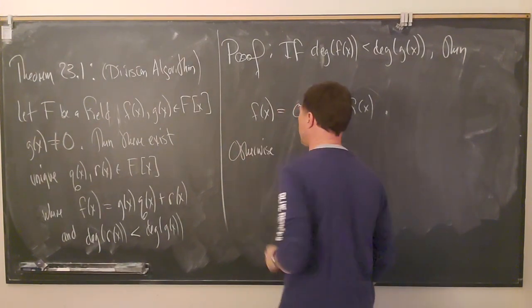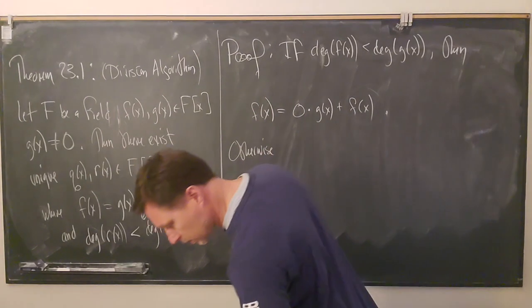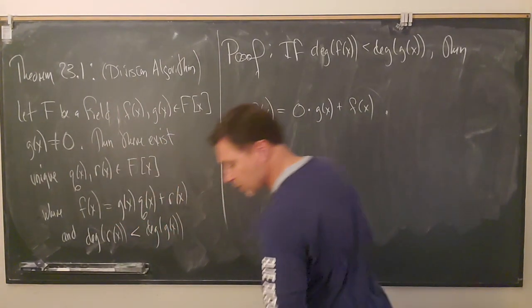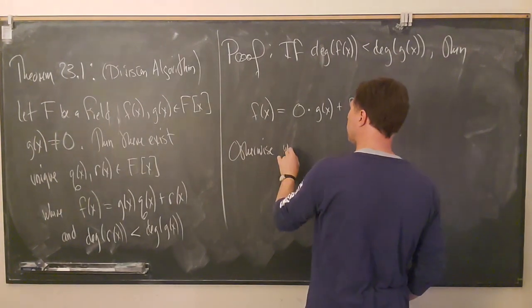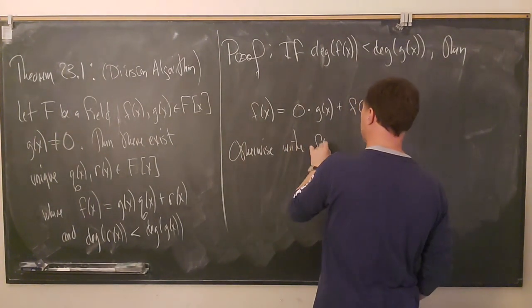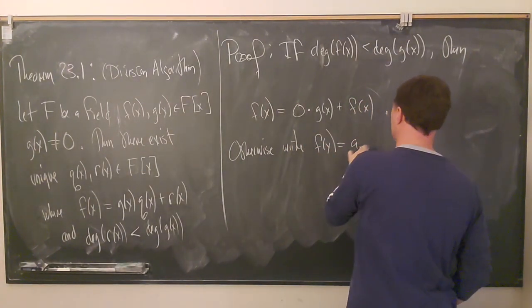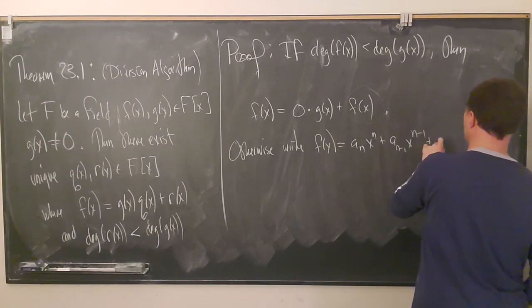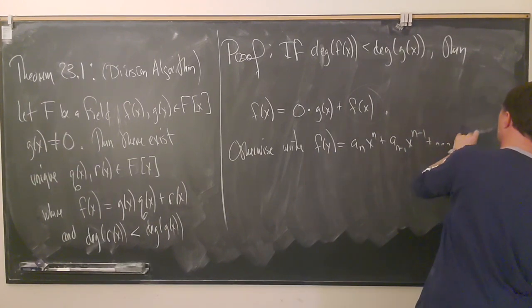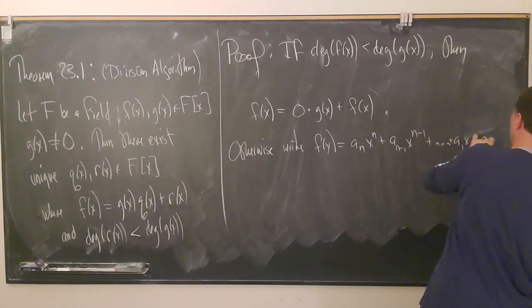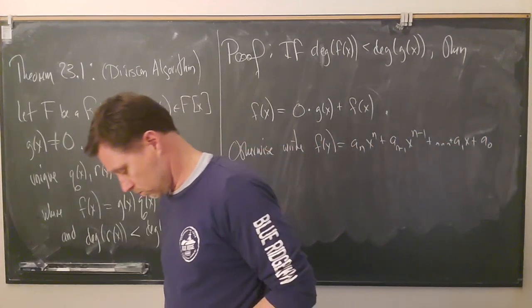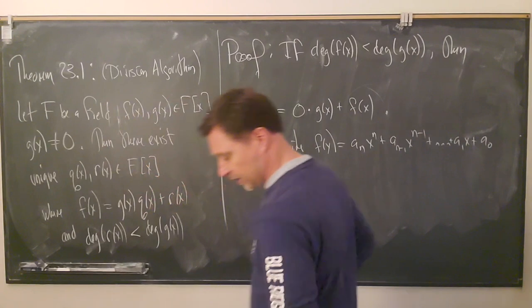I want to write out the polynomial f of x. Let's use coefficients. So otherwise, write f of x equal to a sub n x to the n plus a sub n minus 1 x to the n minus 1 plus dot dot dot a1x plus a0. And I guess I need to write g of x out also.